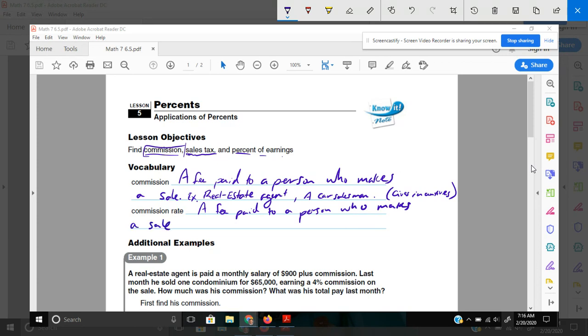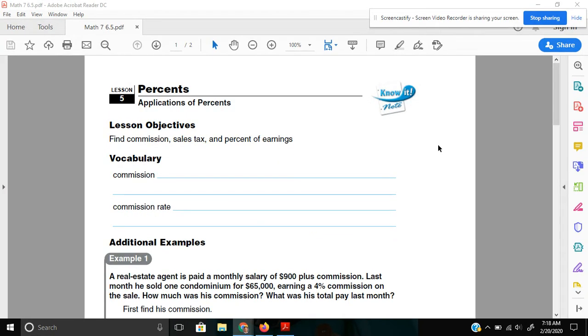So same as the first definition so far, expressed as a percent of the selling price. So basically it's saying, if you made 5% commission, you make 5% of the total of what you sold. All right, let's see a couple examples.